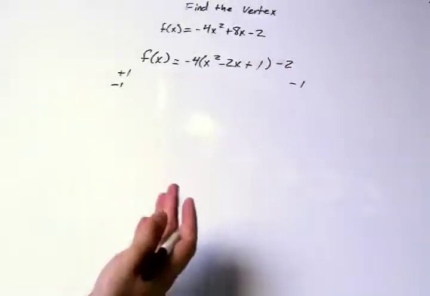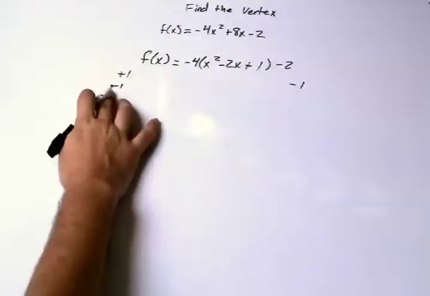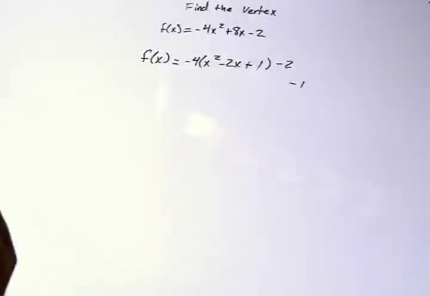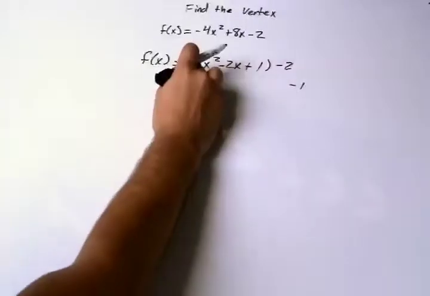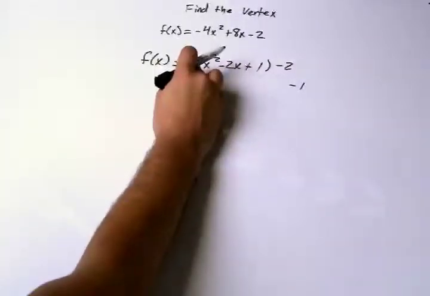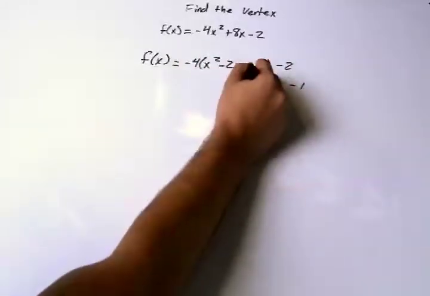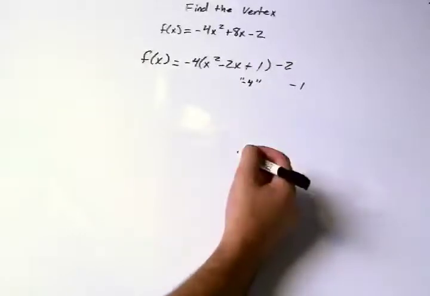So I would normally add 1 to both sides, but since I want to keep f of x alone, you would subtract 1 from both sides. But I really did not add 1. It looks like I added 1, but keep in mind I factored out this negative 4 when I completed the square. So if I were to distribute it back in across all terms including this one, I really subtracted 4 from one side.